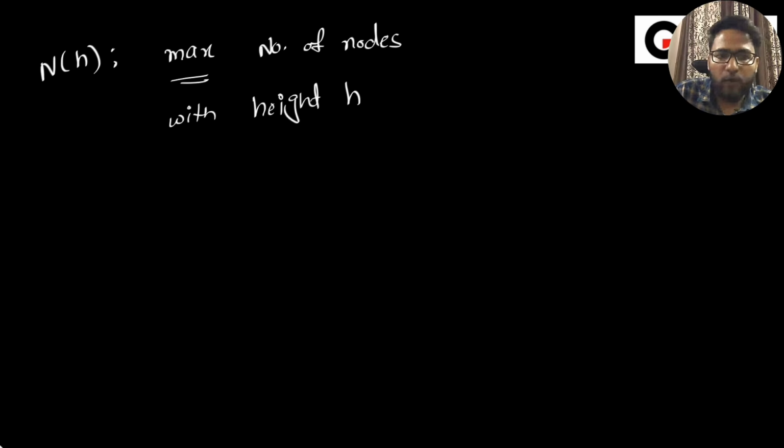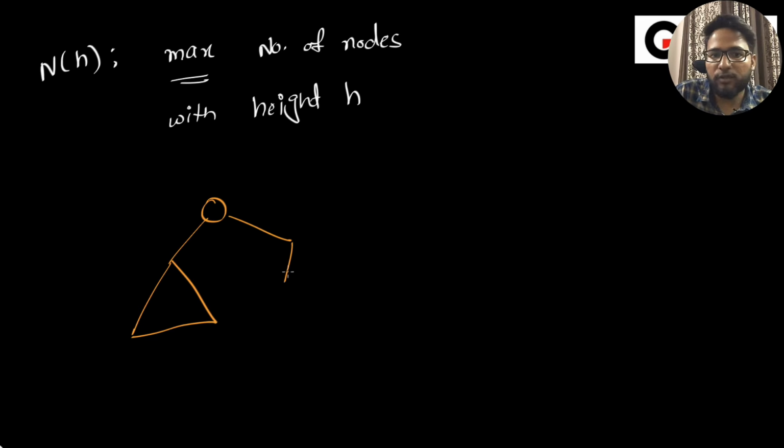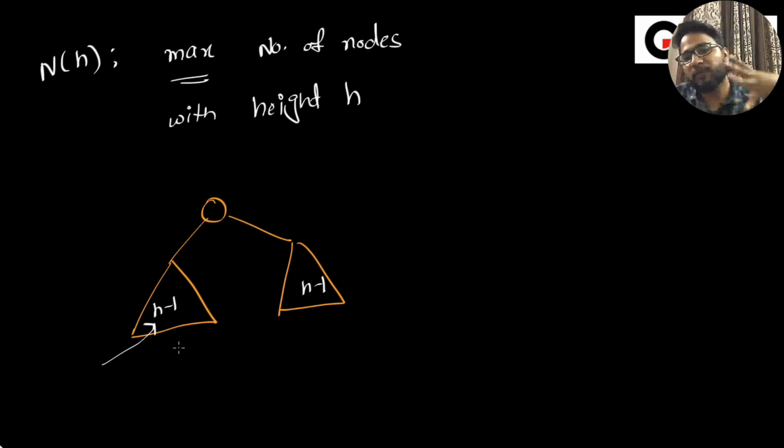Now I want the maximum number of nodes with height h-1, because in this setup this height is h-1, and this height is h-1. I will be putting the maximum number of nodes here also, then only it will be maximum. How can I put something lesser here? So I will be recursively putting the maximum everywhere. Don't worry about the recursion; for now just understand it like this.